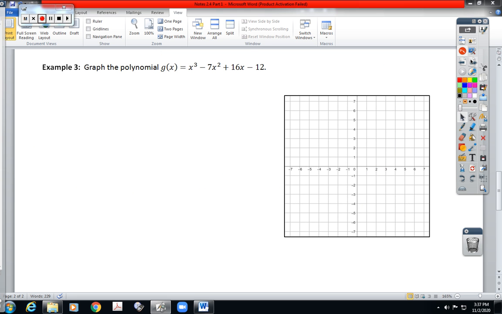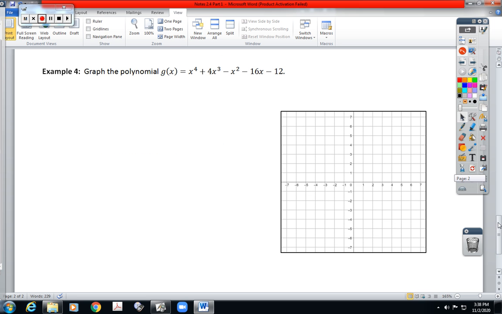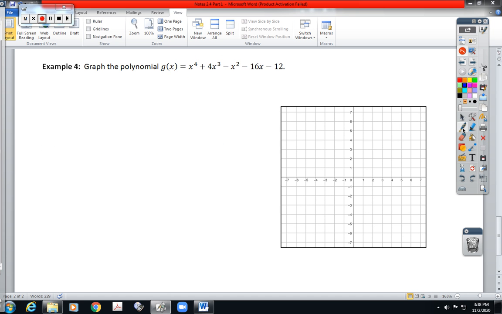So same idea. Here on the next example, we need to go through this the same way that we have in the previous section. The difference being that they didn't tell us a factor and it's not in factored form. So we're going to have to apply the zero factor theorem and use synthetic division to figure out what the zeros are.